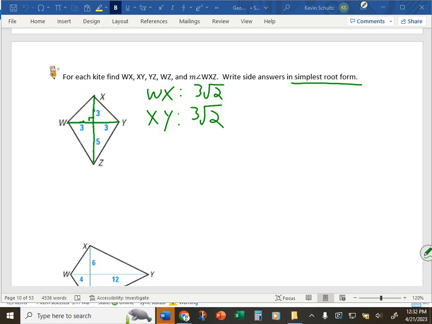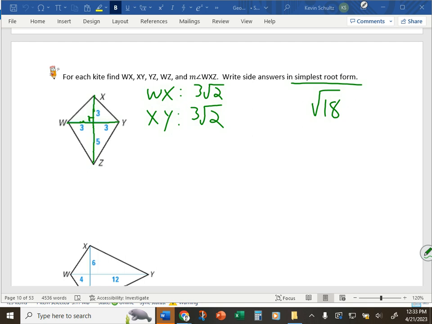How can you use the Pythagorean theorem? Because we know it's a right triangle, since these diagonals intersect at a 90 degree angle. Here's your A, here's your B, the hypotenuse is C. When you use the Pythagorean theorem and get down to the root of 18, you root both sides and get C equals root 18.